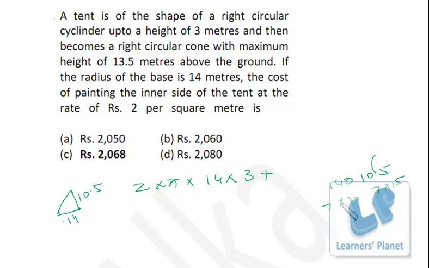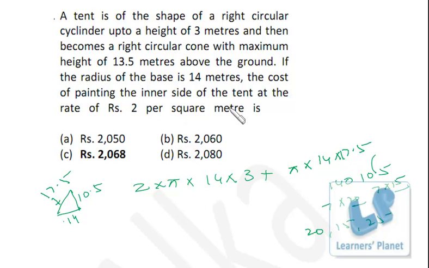So we have 20, 15 and 25, a Pythagorean triplet, right? 3 into 5, 4 into 5 and 5 into 5. So 20, 15 and 25 are Pythagorean triplets, so we will get 7 into 25, that is 175. So this will be 17.5. That is l. So it is pi into r, which is 14, into 17.5, right?